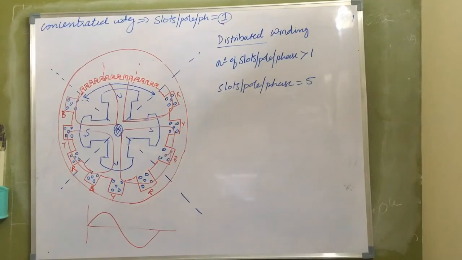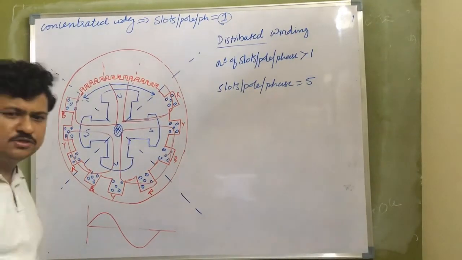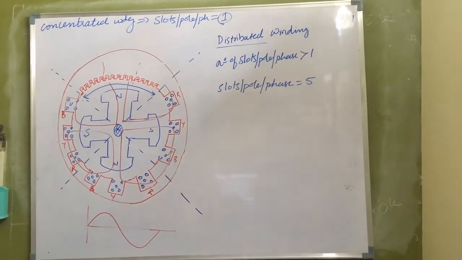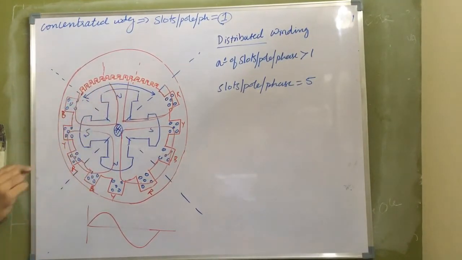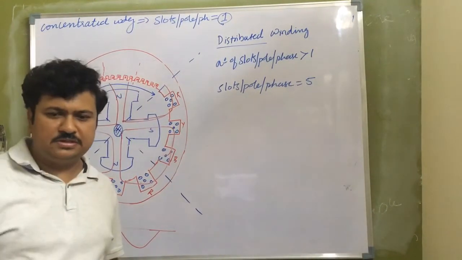So now there are 5 slots per pole per phase. Oh, that is hardly visible, I drew it very small. But in the video that I will share, it will be clearly visible. You can zoom if you want. So there are 5 slots for the number of conductors per pole per phase.